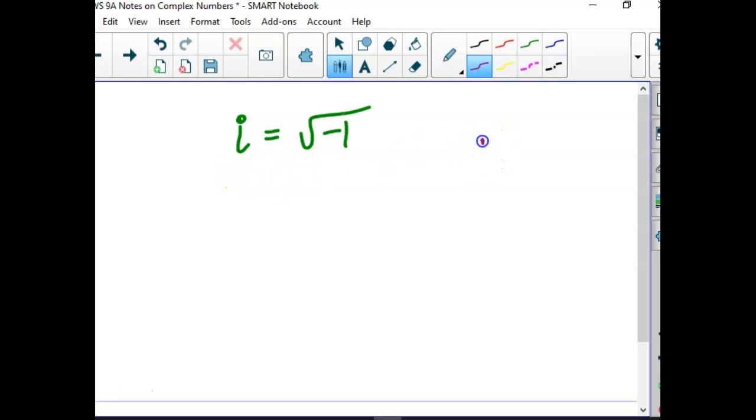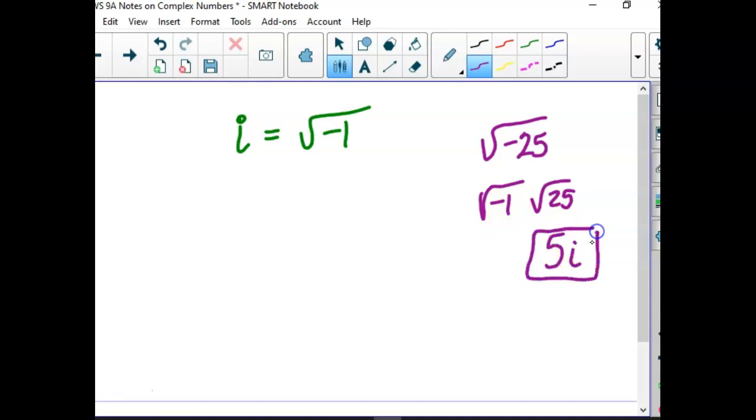So quick example, if we had the square root of -25, that could become the square root of -1 times the square root of 25. And the square root of 25 is 5. And the square root of -1 we would substitute as an i. Okay? So when you see something like the square root of -48, that would be the square root of -1, and 48 is actually 16 times 3.